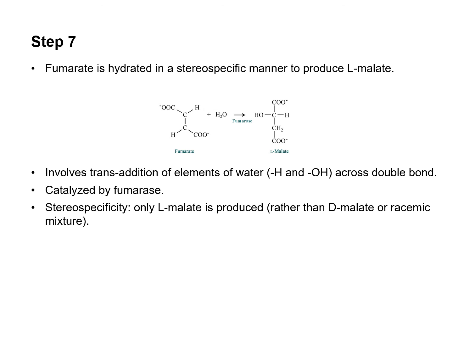In step 7, fumarate is hydrated in a stereospecific manner to produce L-malate. And it involves the trans addition of the elements of water, which are the H and OH groups here, across the double bond, which used to be the double bond, but it's broken now, to get these H and OH groups.